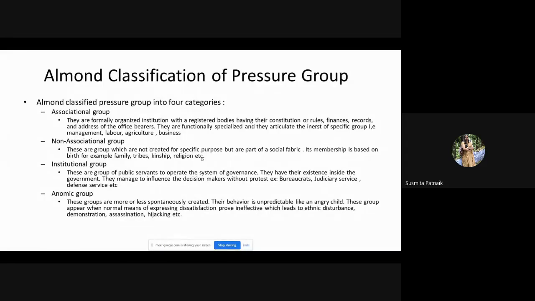Suppose doctors have a coronary problem and the number of doctors is less, so they will take help from the teachers associations. By the combination of both groups, they will put pressure upon the public policy.